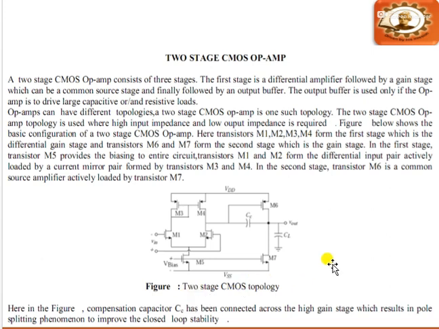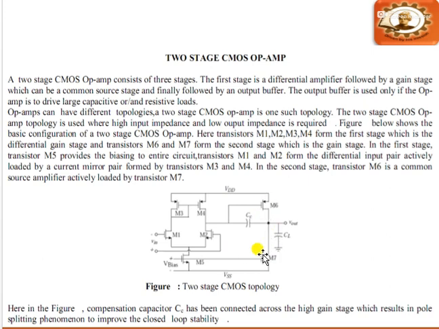The output buffer is used to provide a low output impedance. If you look at the figure below, the transistors M1, M2, M3, M4 form the first stage, which is the differential gain stage, and MOS M5, M6 and M7 provide the second stage, which is the gain stage of the op-amp.